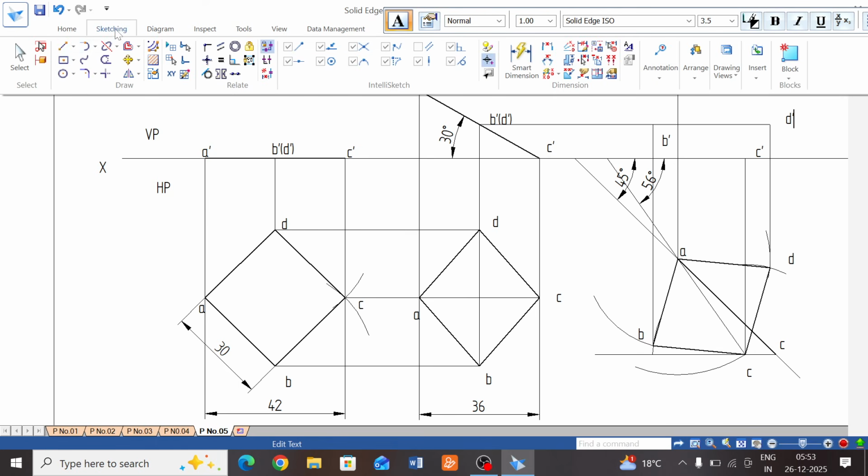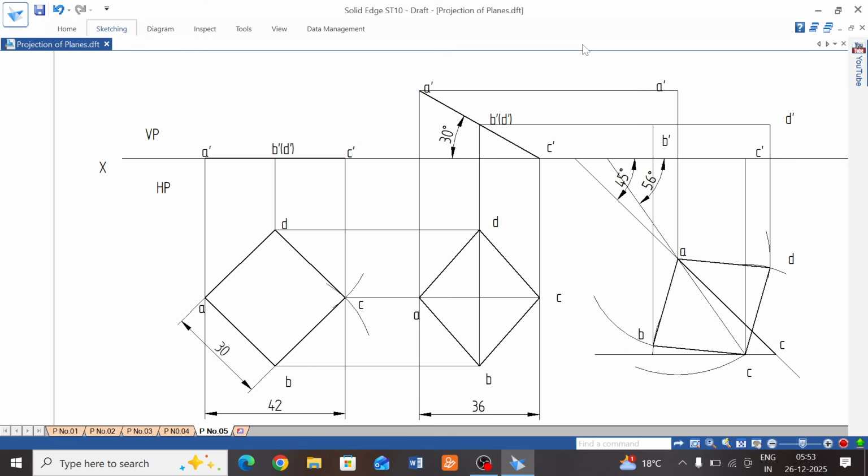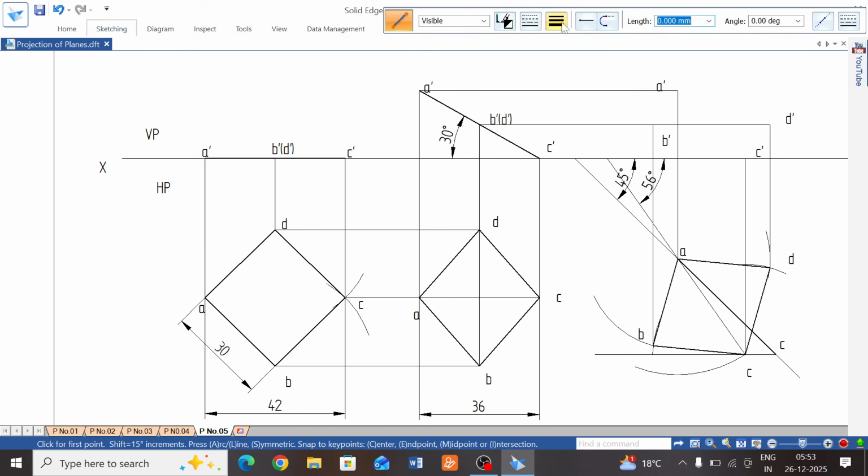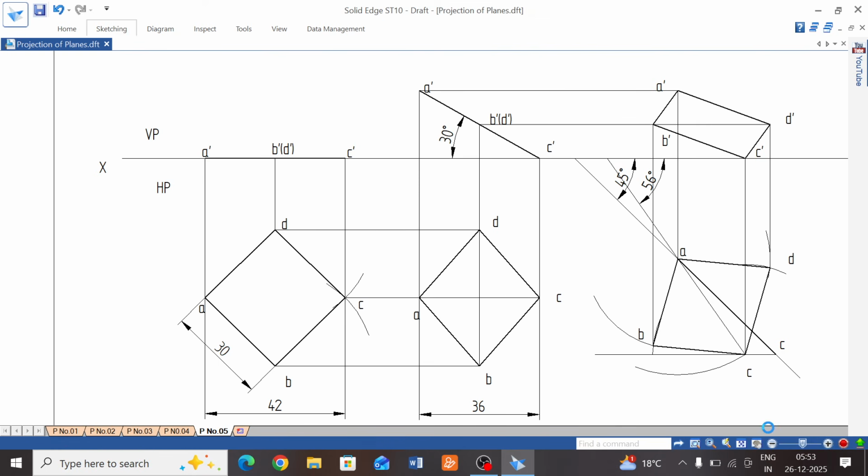Now join by thick line A dash, B dash, C dash, D dash. Go with A, B, C, D, and last point B dash. Okay, this completes your problem. Projection of square lamina. It's a corner case beta method problem.